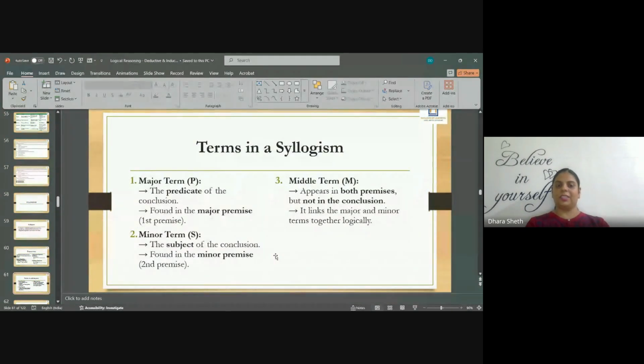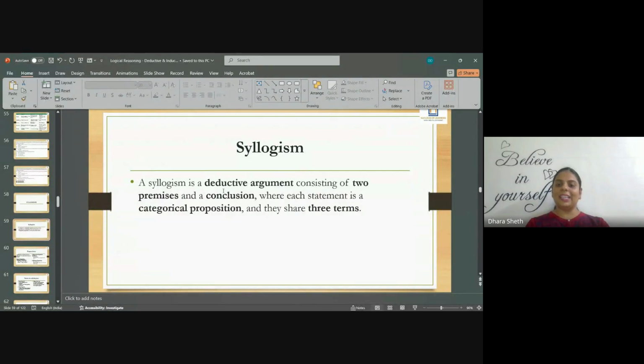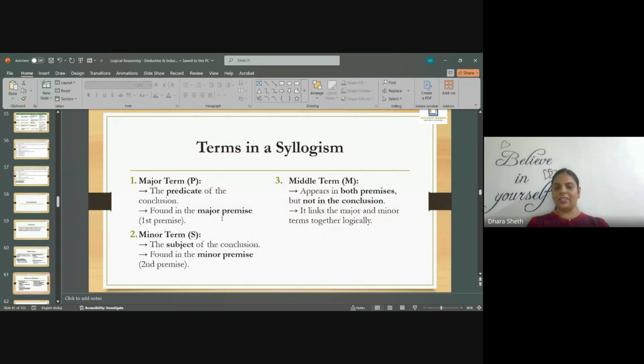Next, when we said 3 terms in syllogism, what are these 3 terms? Major term, minor term, and middle term. In this slide, let's look at the theory, then we will see examples also. Now, subject is the first part, predicate is the last part. Keeping that in mind, major term, T, is the predicate of the conclusion.